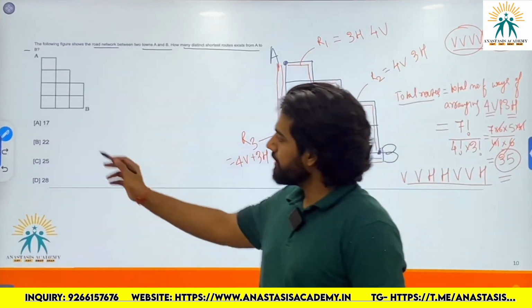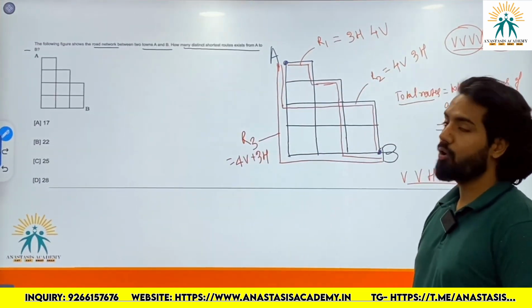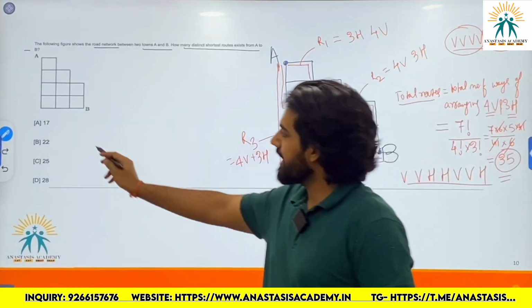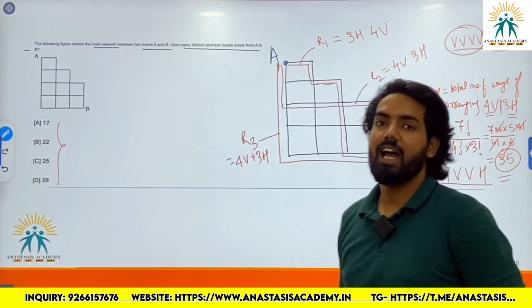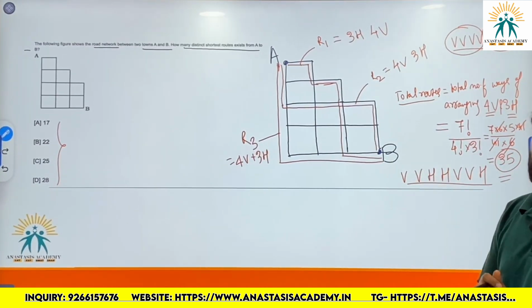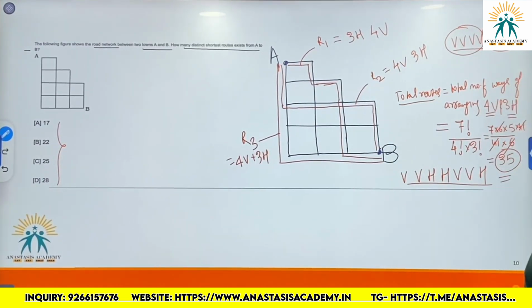But if I look at the options, no option says 35. It means that, because all the options are less than 35, I have taken into account some routes which do not exist. So I have to subtract such routes.